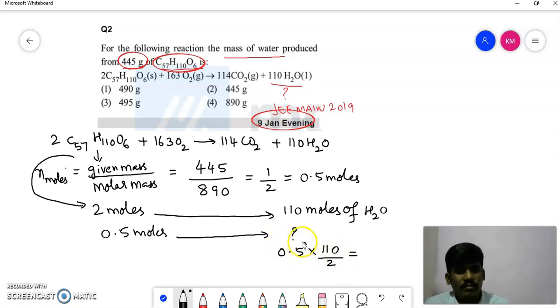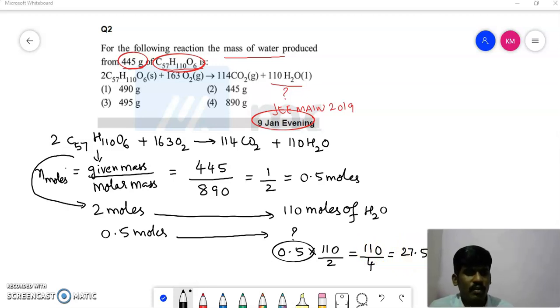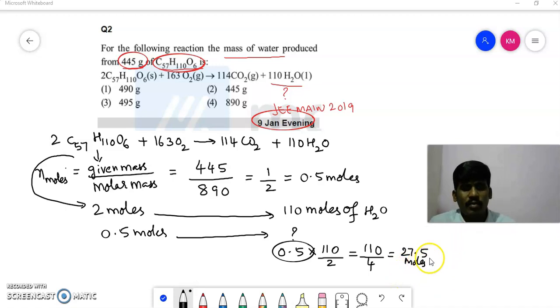This part is 1 by 2, that means 110 upon 4, which gives you 27.5 moles. This is what we got, 27.5 moles.